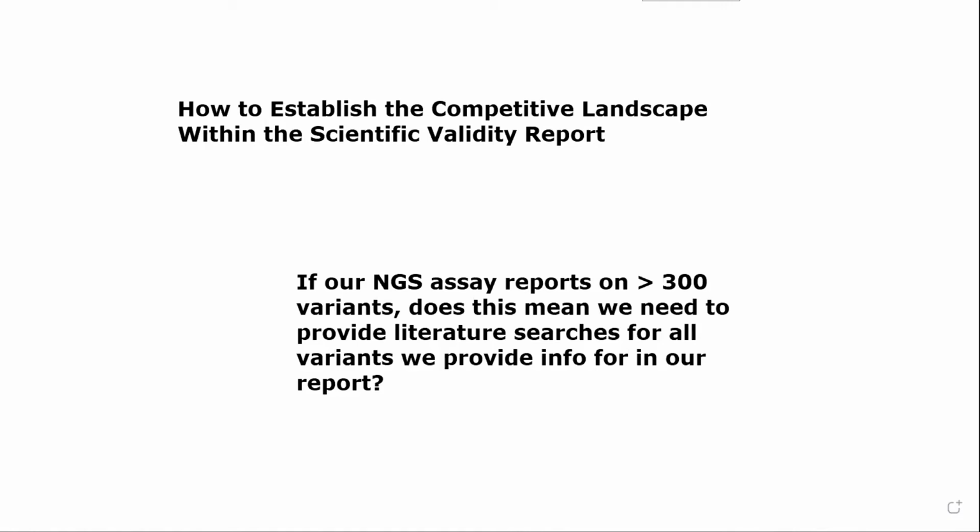I think in this instance, you would want to include the terms for the different variants as part of your literature search, but know going into it that as you are identifying your comparators, some comparators may not overlap entirely with every single variant.